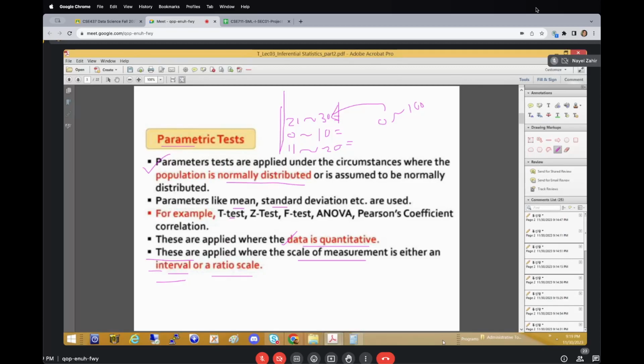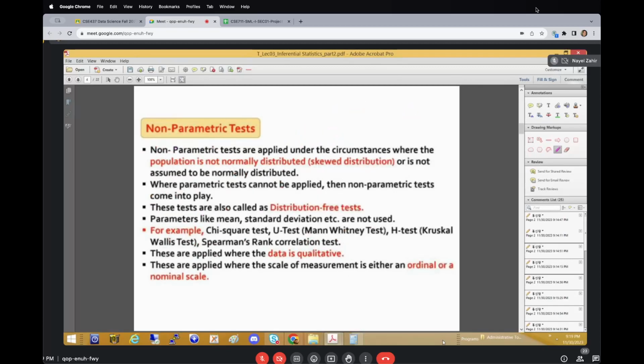The ratio scale measurements. And how about the non-parametric test? Non-parametric tests are applied under the circumstance where the population is not normally distributed. That means if we find out that our data is not normally distributed, maybe it has left skewness or right skewness, or it is a kind of zigzag pattern, then those are not normally distributed.